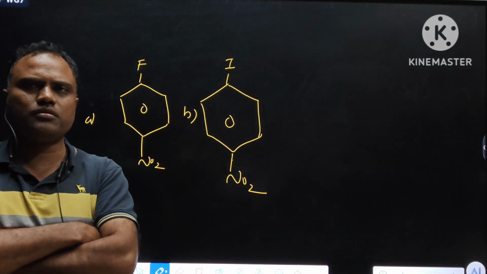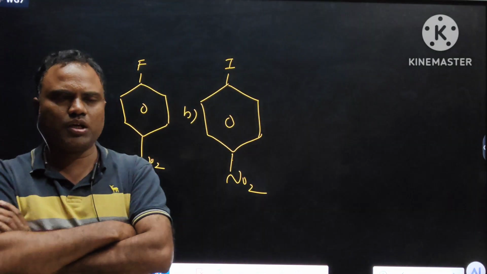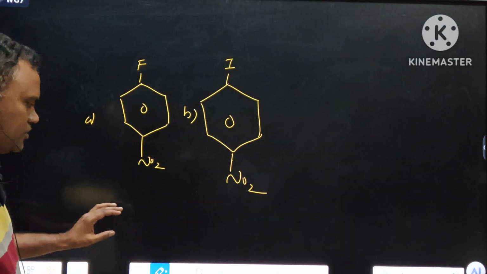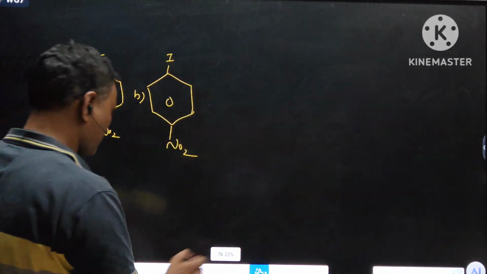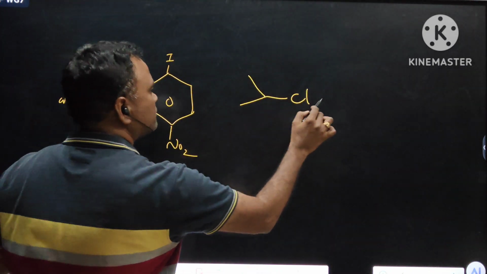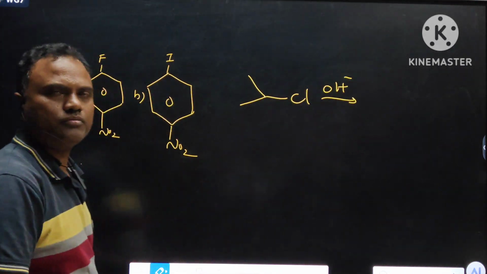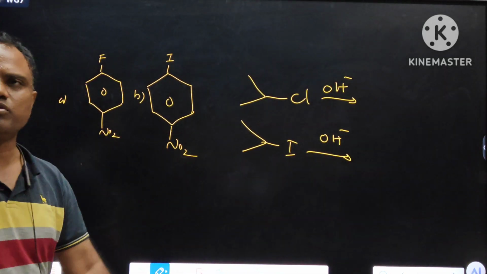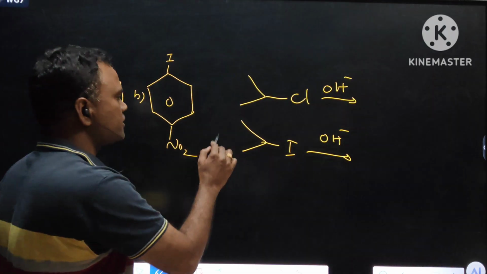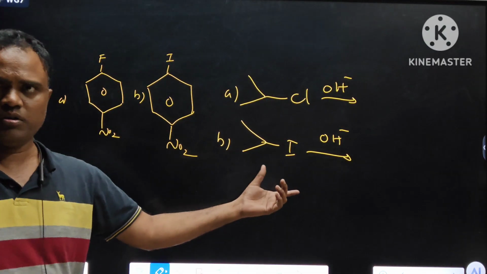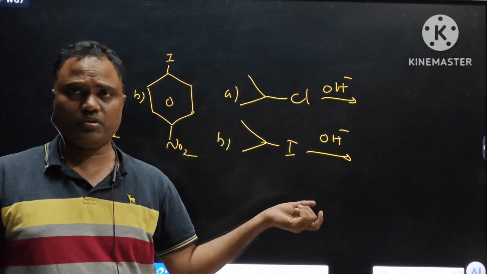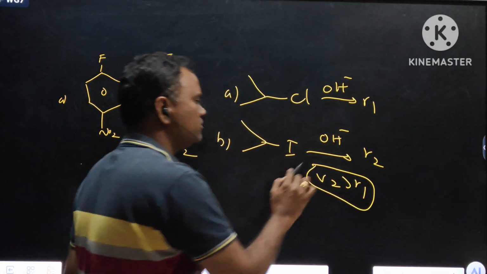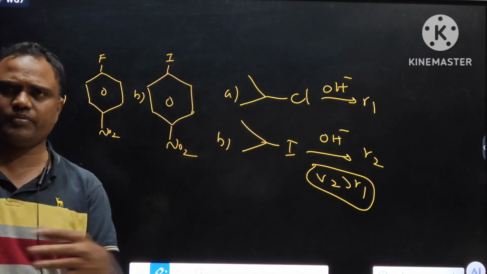Generally, in SN1 and SN2, if the degree of alkyl halide is the same, then we will say leaving ability matters. See, B is more reactive actually, because iodine is a good leaving group, a better leaving group. We know about this reactivity order, leaving abilities, everything.